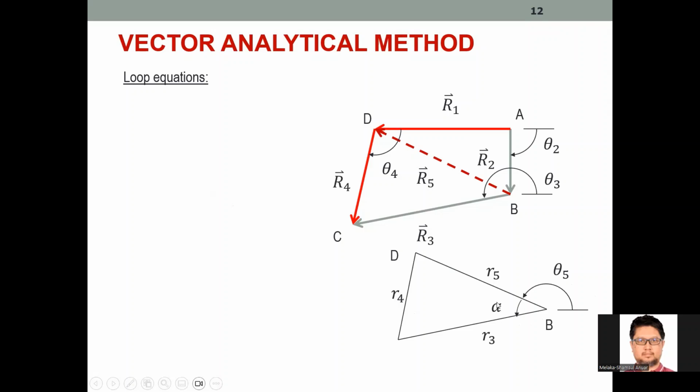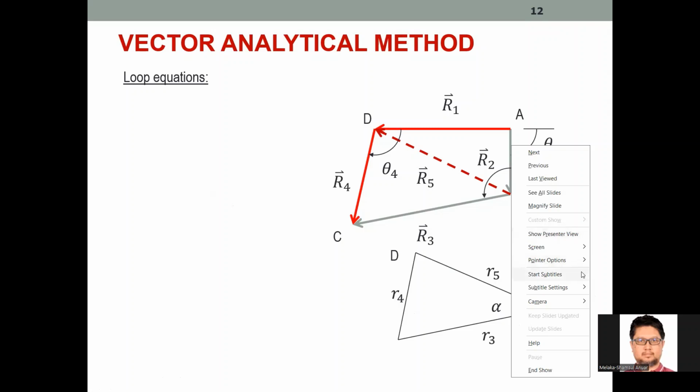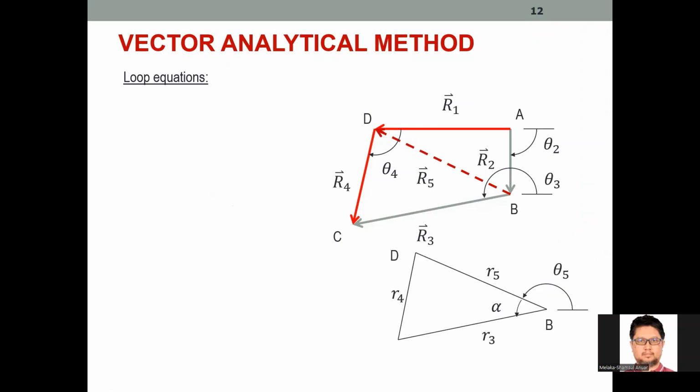And once you do that, R5 is also known. Okay, maybe it's not labeled yet. This theta 5 is already known, or you can solve for that.